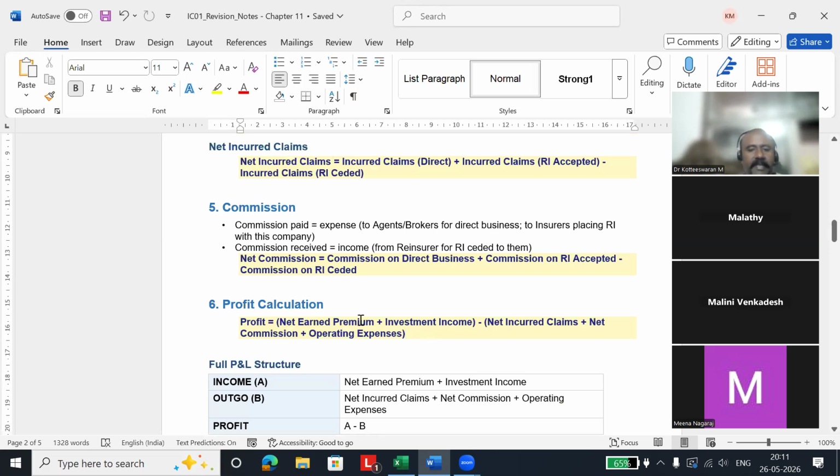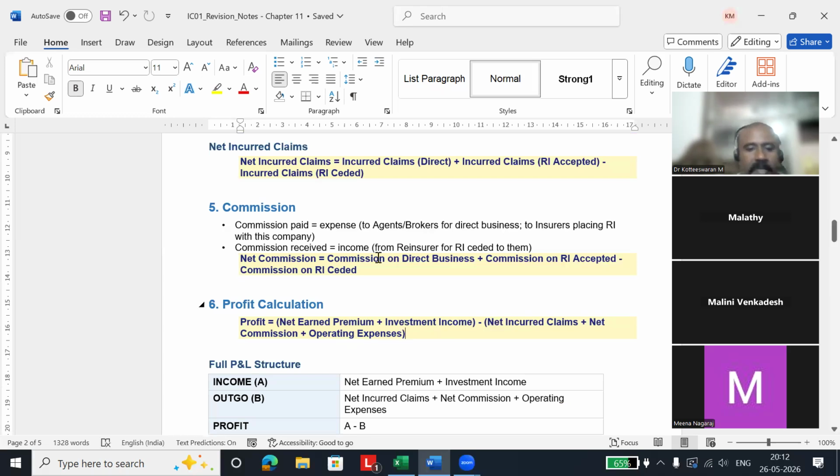So the net premium we calculated, plus investment income, minus claims and commissions. If we minus the commissions, operating expenses and claims, we'll get the final profit. So calculate earned income, calculate investment income, and add both. Then however much claims, commissions paid and operating expenses incurred, we minus all of that. So this is called the profit calculation.